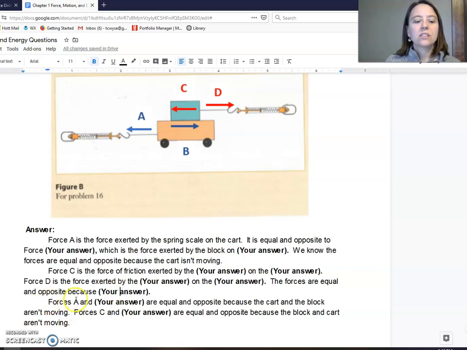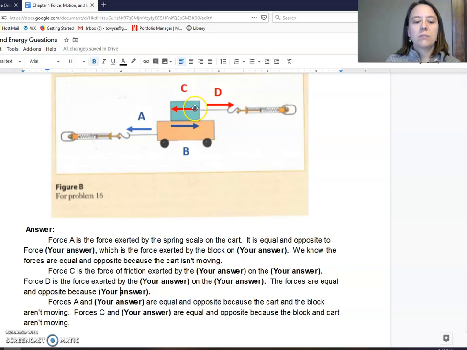And then forces A and blank are equal and opposite because the cart and the block aren't moving. Over here, we already talked about A and B being opposite, so you'll want to see what other force is opposite to A. And then force C and blank are equal and opposite because the block and the cart aren't moving.